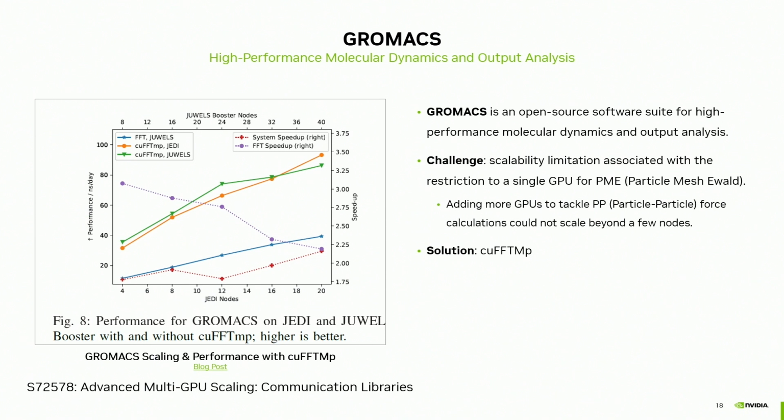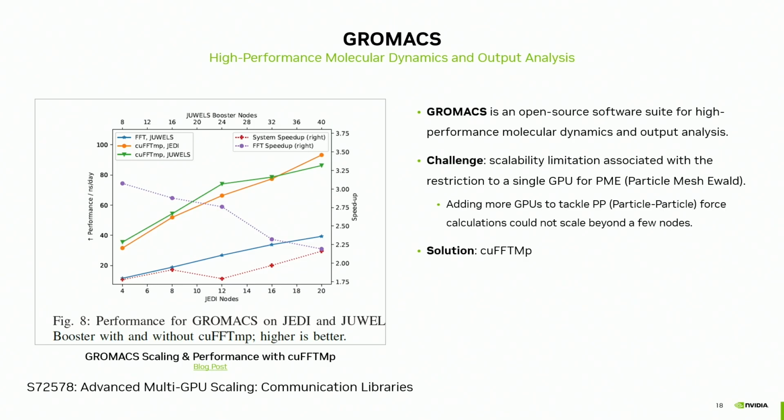Now, GROMACS can use multiple GPUs in parallel so that it can run each simulation as quickly as possible. Both NVIDIA and the core GROMACS developers have been collaborating over the past several years to continue building on a series of multi-GPU and multi-node optimizations, which you can see some of the results referenced on the screen here behind me.